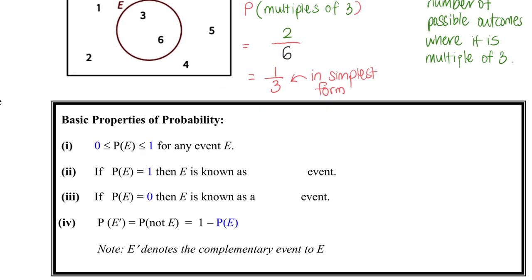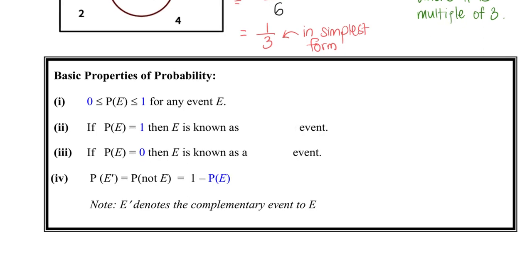Some other things to take note of: probability usually ranges from 0 to 1. So when it is 0 and when it is 1, what does it represent?